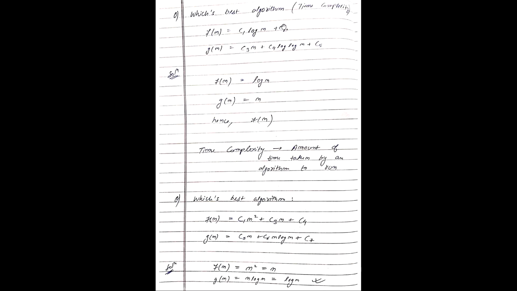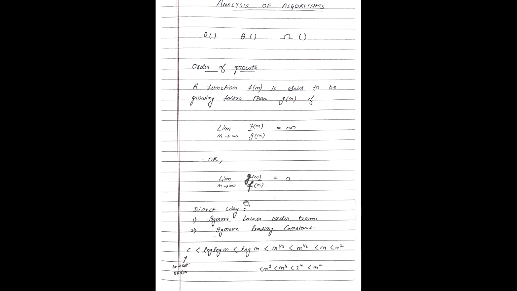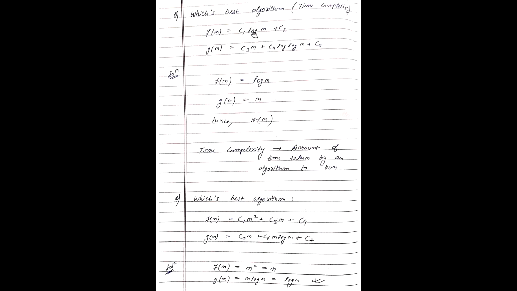We'll drop this. After dropping this, we have C1 log n for f(n). For this, we would ignore the leading constant. The constant is C1 here. Hence, the only remaining part is log n. So log n is the only term present in function f(n).